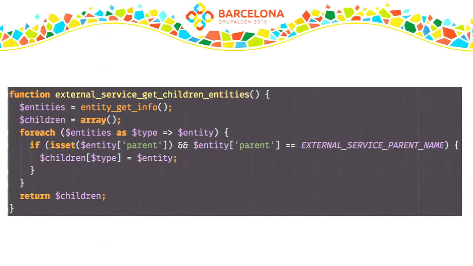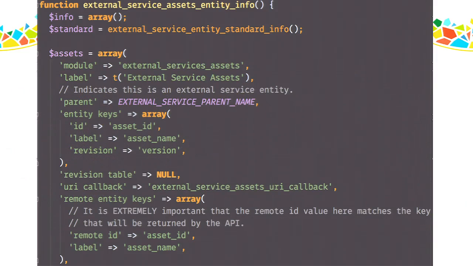One other thing I'll note is that I've added a property here of parent. If you look in the spec for hook_entity_info, you will not see this. But what's cool about it is it will automatically save any custom properties that you add.